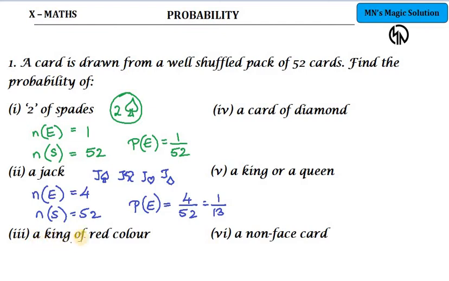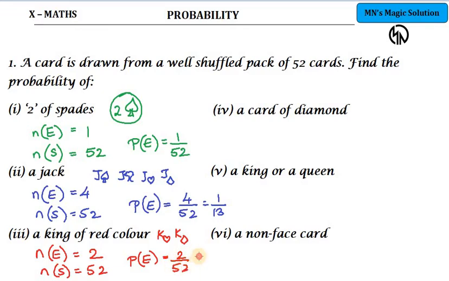Question number 3, a king of red color. So, king of heart and king of diamond, both of them are red in color. Is any other king red in color? No. So the number of events possible is 2 and the number in the sample space is totally 52 cards. Therefore, the probability of getting a king of red color is equal to 2 out of 52, or you can take it as 1 by 26.